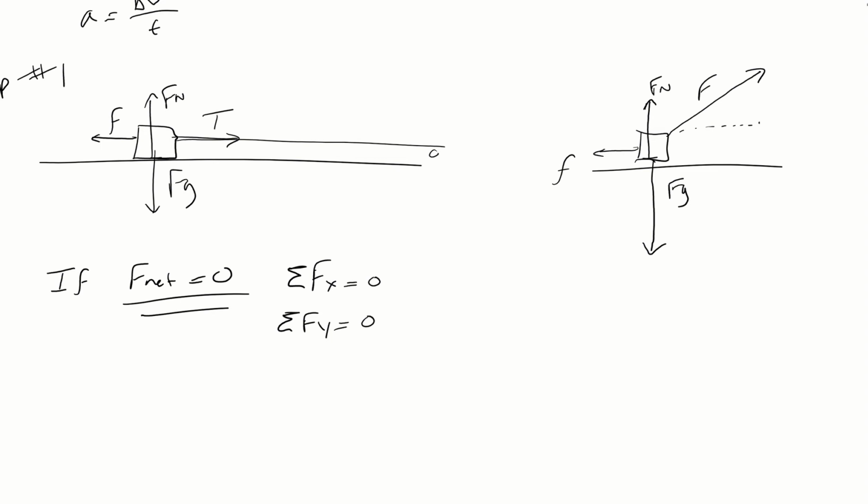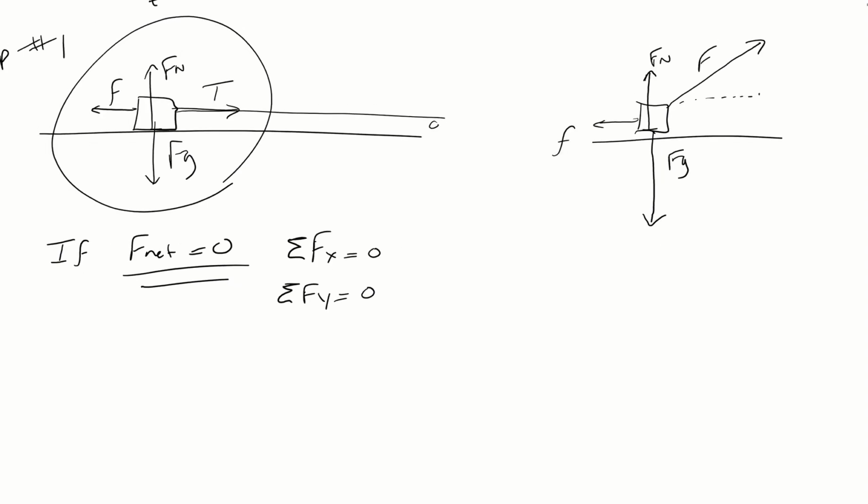So in each of these two cases, like in the first scenario on the left here, if I knew that the net force was zero, then I know very confidently that the normal force needs to be equal and opposite to the force of gravity. Similarly, I know that friction would need to be equal to tension, because if the net force is zero, those two forces have to be equal and opposite, right? Each of those pairs.